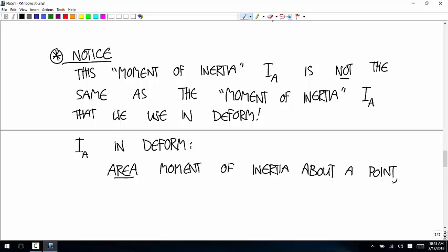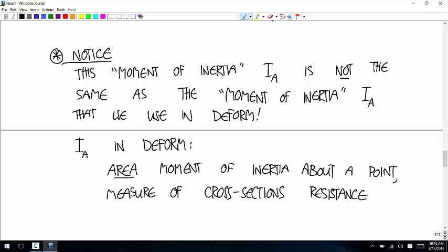And instead of measuring the resistance to angular acceleration, it's a measure of a cross-section's resistance to bending. Any questions about that?